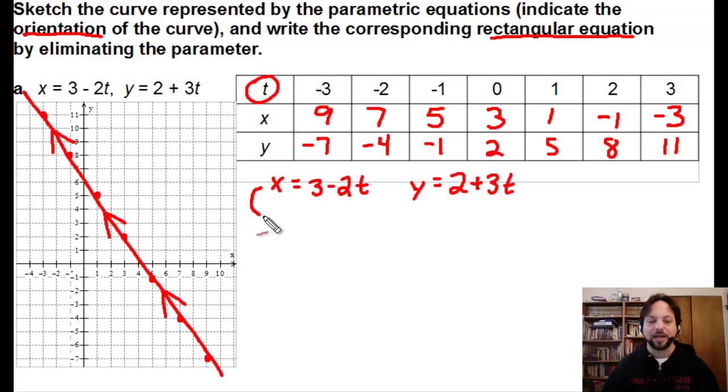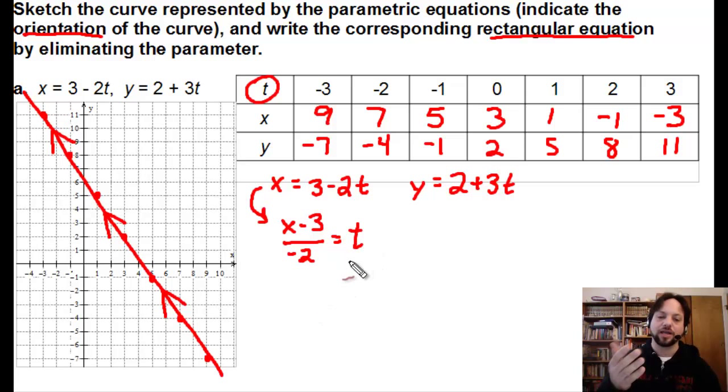And what I mean by that, for the x equation, if I subtract 3 and then divide by negative 2, what I'm going to find out is that (x - 3)/(-2) is what the time parameter equals, time in terms of x. Well, let me do the same thing over here with my y equation.